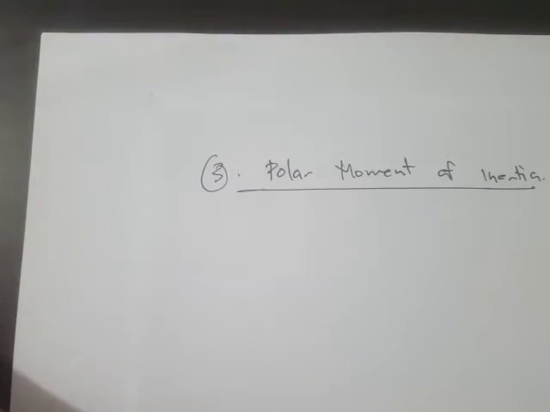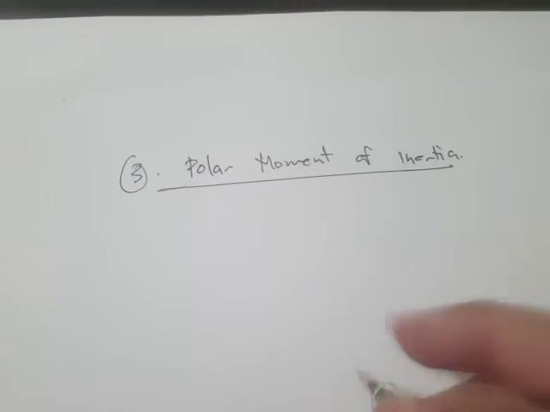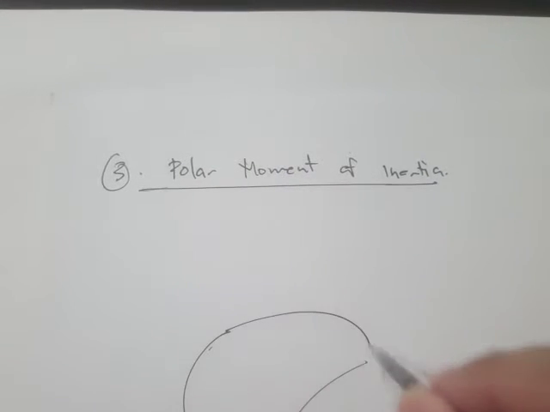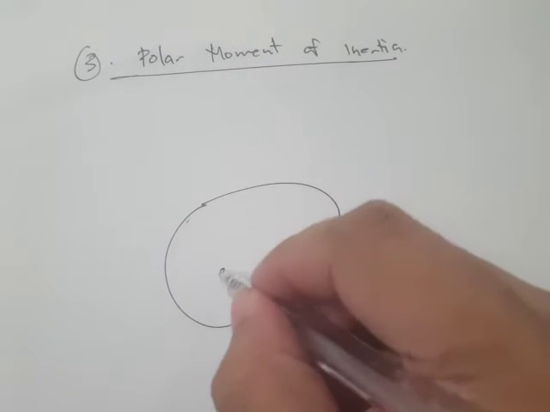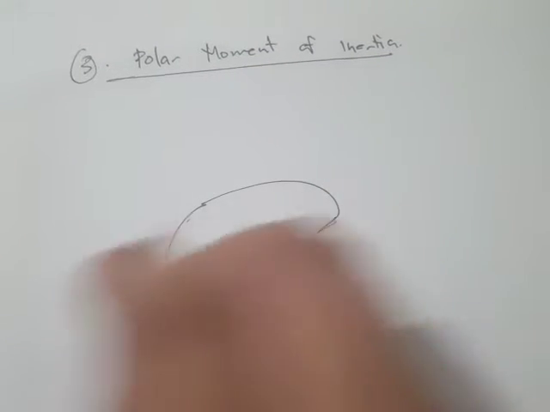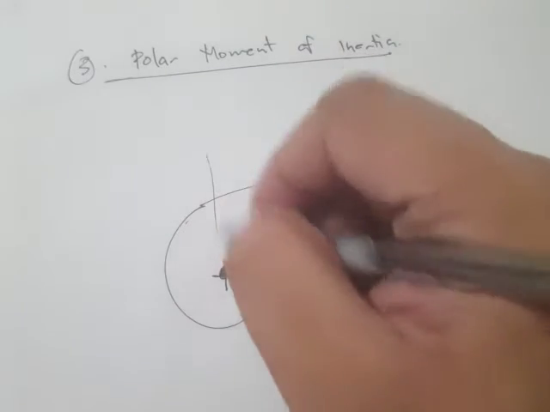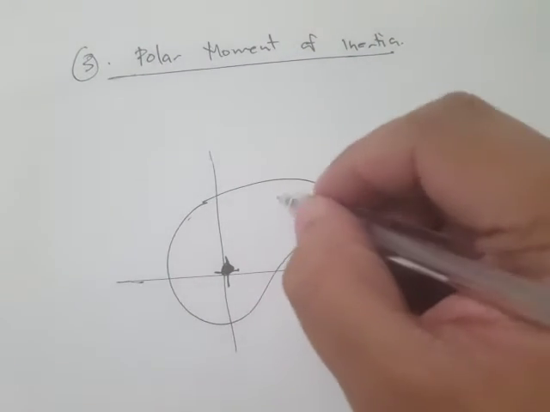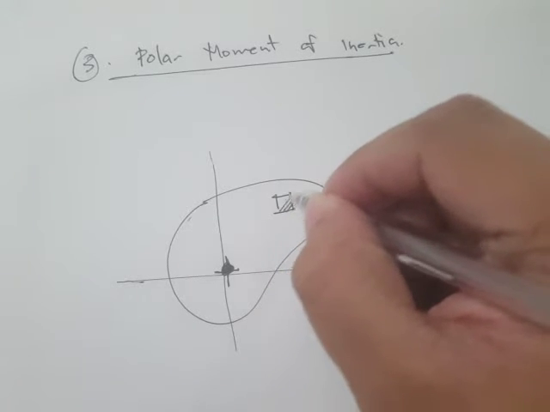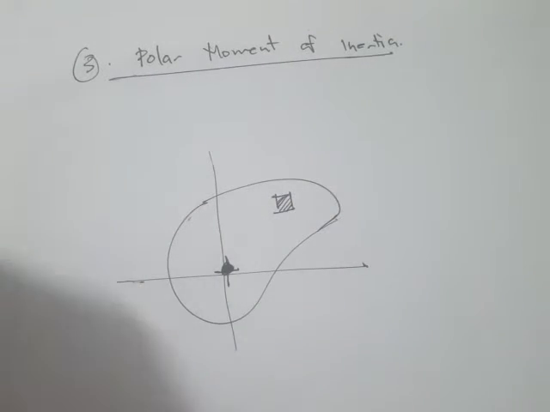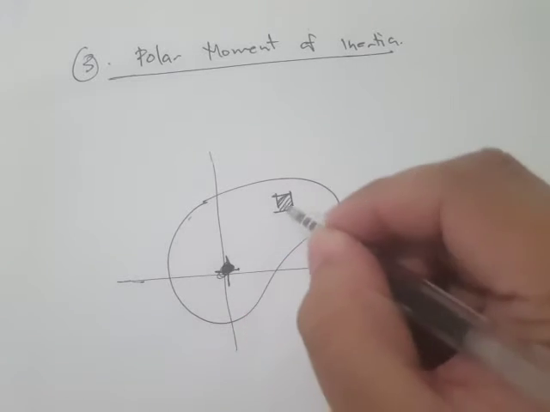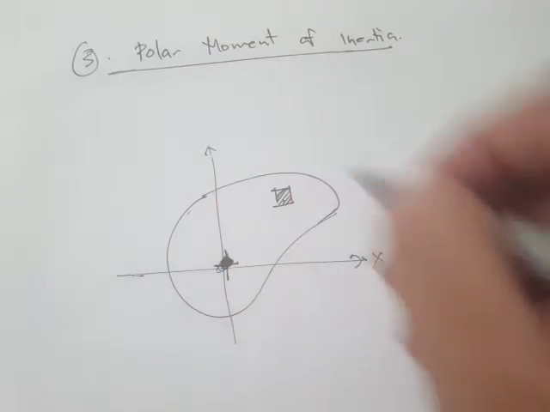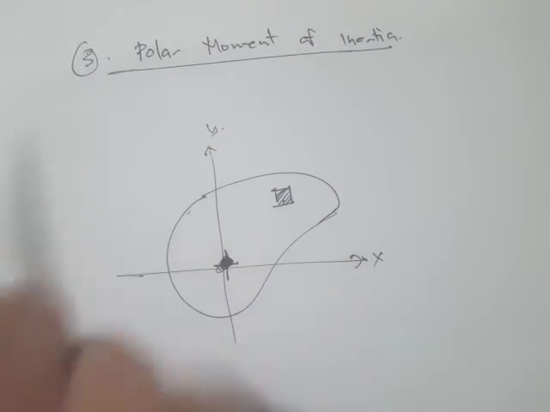So if we have, let's say, an arbitrary shape, and let's say this is the centroid, and we consider a differential area right here, let's write first the axes. We have the x-axis and this is the y-axis.